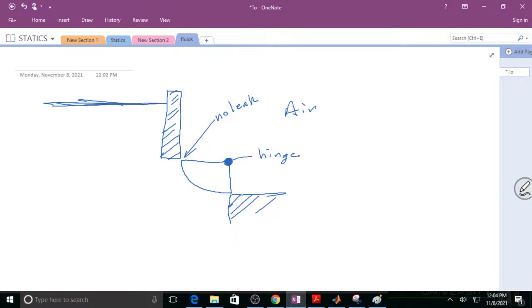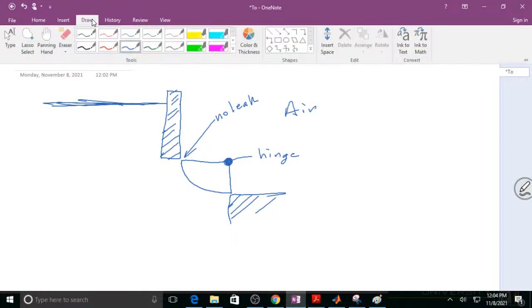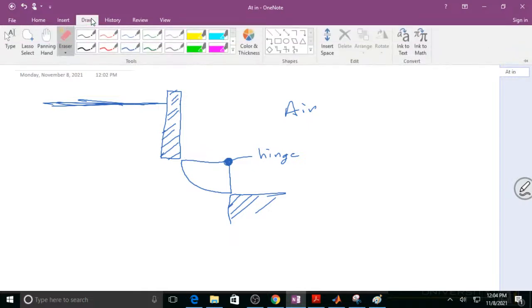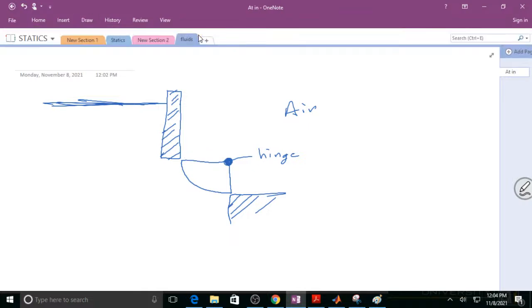So in a gate like this, the way you approach it, shoot, I've got these things all in the way, but you know what? I can do it like this. I'll erase this no leak. And then I'll make this yellow like it doesn't exist, so to speak.